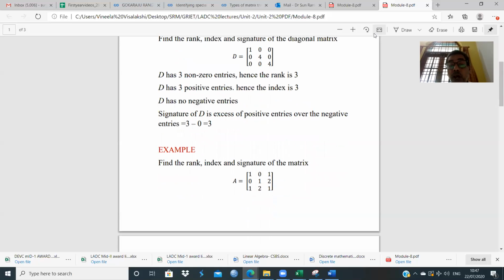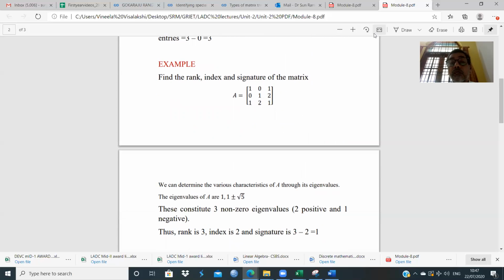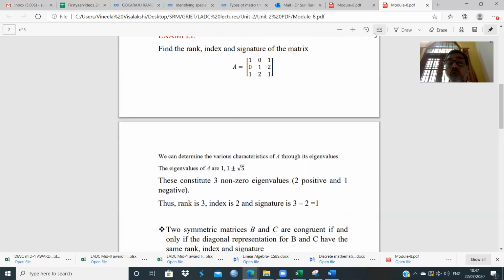Whereas if you have a non-diagonal matrix, you can go through the eigenvalues. That's an easy approach. Otherwise, you will have to orthogonally diagonalize this and then do that long process. Instead, you can just find the eigenvalues of this matrix and study their signs.